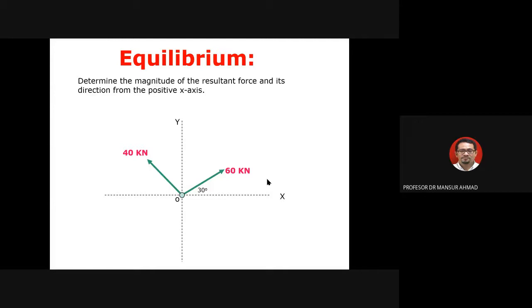Now imagine this 40 kilonewton and then 60 kilonewton. Berapa you need to have that feeling, berapa besar dia. The first feeling that you should have is that 40 kilonewton is quite big, a big load or a big besar, a big force. For these two, 40 and 60 is quite large.